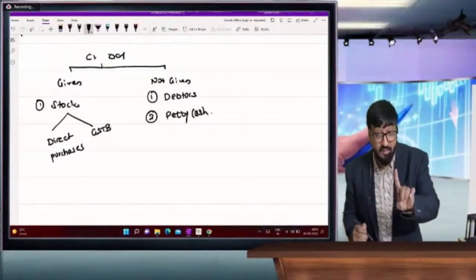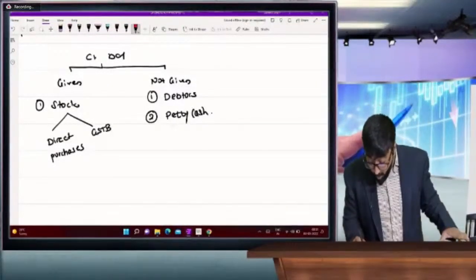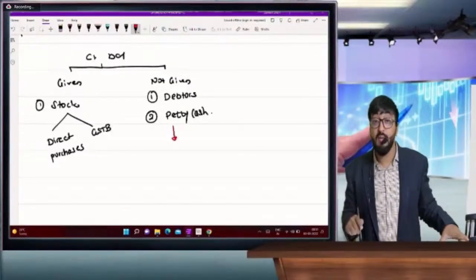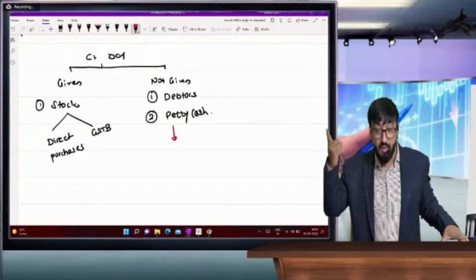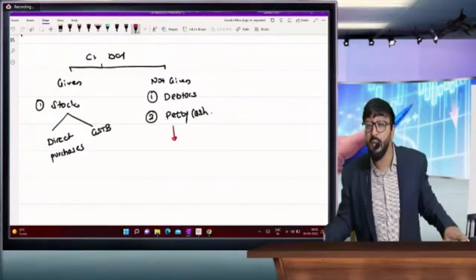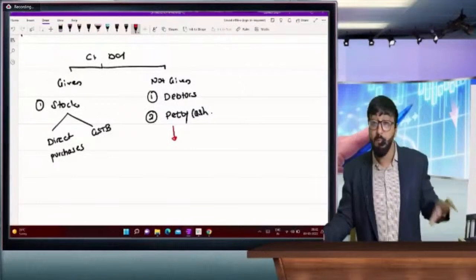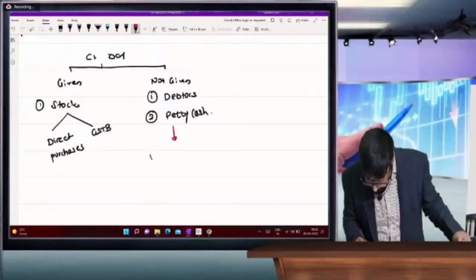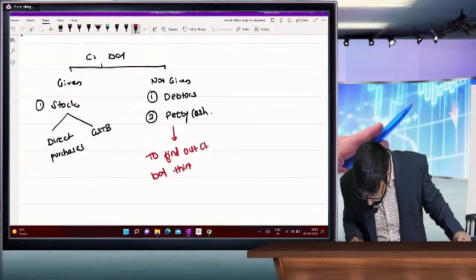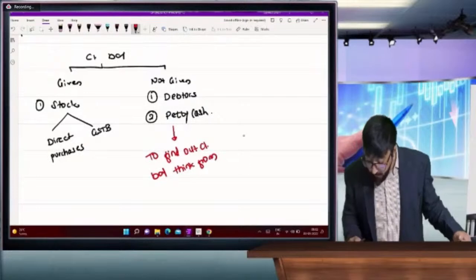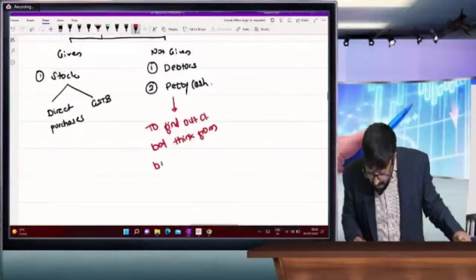Now please understand this. These balances are maintained by the branch, but you are thinking from the HO point of view. To find out closing balances, think from the branch angle.